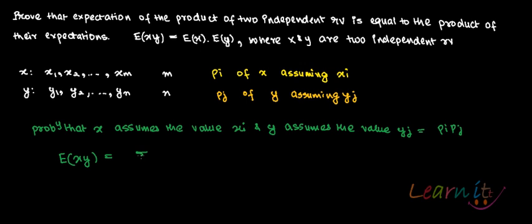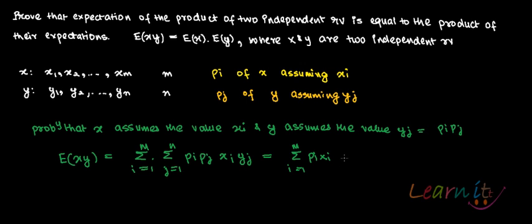is the summation of i starting from 1 to m into summation of j starting from 1 to n of pi pj xi yj, which is equal to the product of summation of i starting from 1 to m of pi xi into summation of j starting from 1 to n of pj yj.